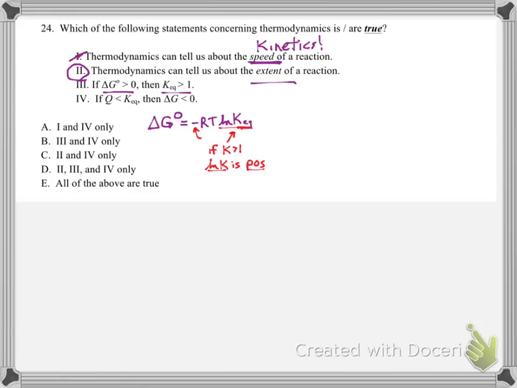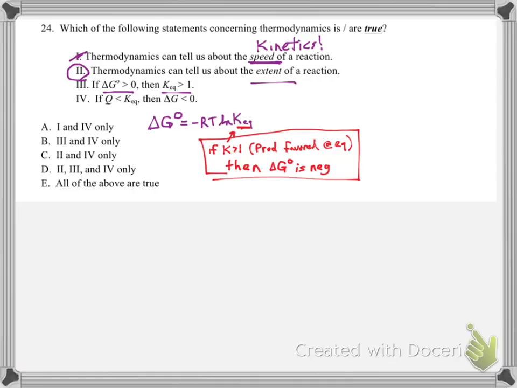So this brings up an important fact about thermodynamics. If KEQ is greater than 1, which again means products are favored at equilibrium, then delta G standard is negative. This relationship here always holds true. If KEQ is greater than 1, then delta G standard is negative. That's what we see mathematically from this equation.